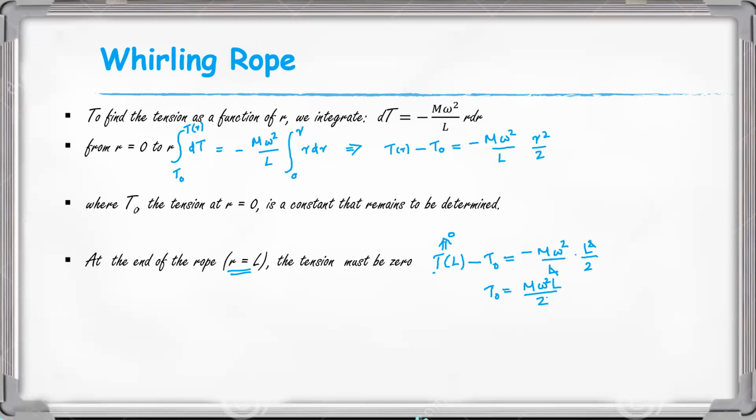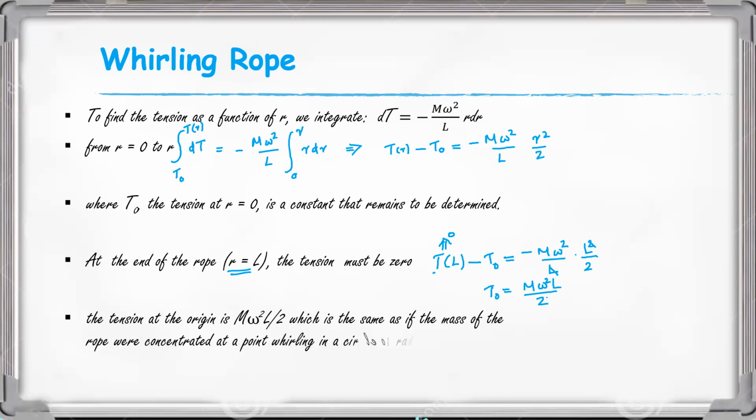Therefore, we obtain the value m omega square L by 2, which is the tension at the origin. It is the same as if the mass of the rope were concentrated at a point whirling in a circle of radius half the length of the rope. Then T of r must be equal to what?